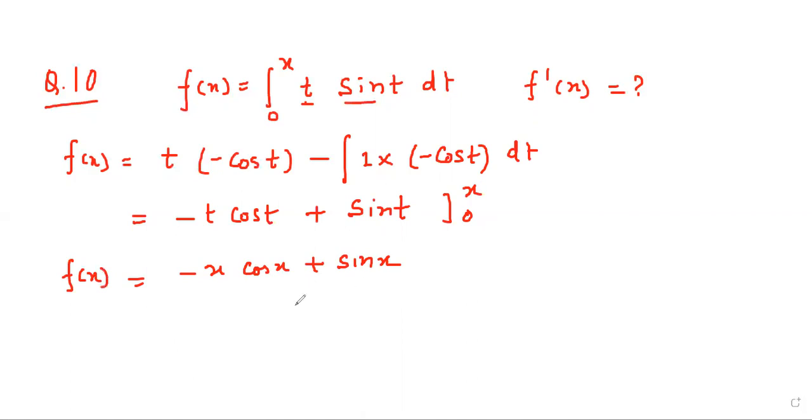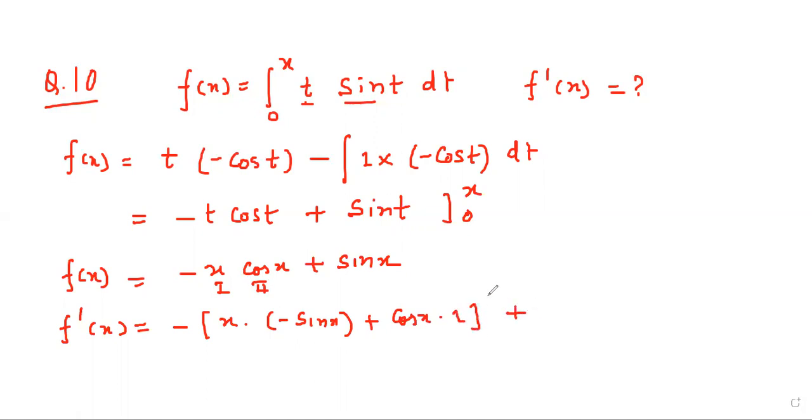Now we have to find out f dash x. So let's find out its derivative. f dash x equal to, here we can apply product rule. So minus first into derivative of second, minus sin x, plus second into derivative of first, that will be 1, plus derivative of sin x will give cos x.